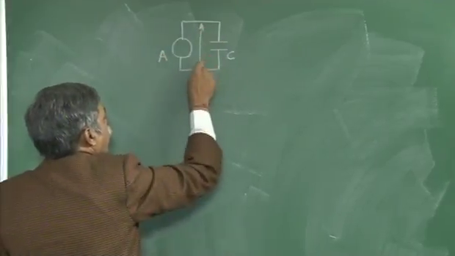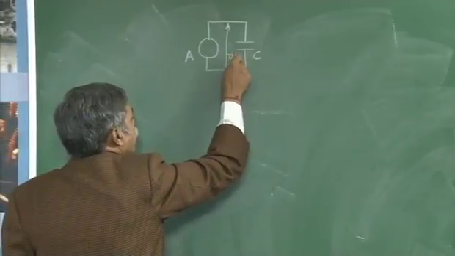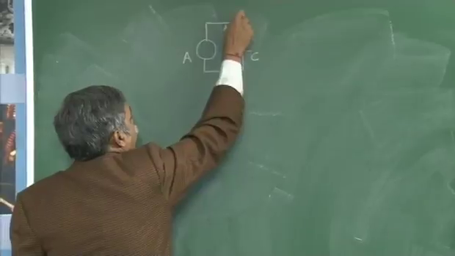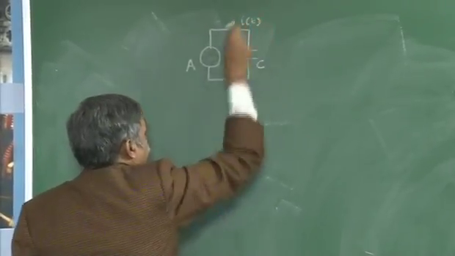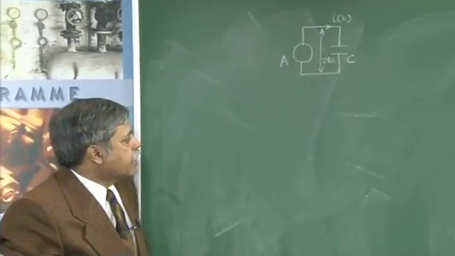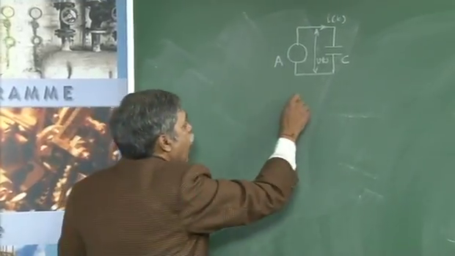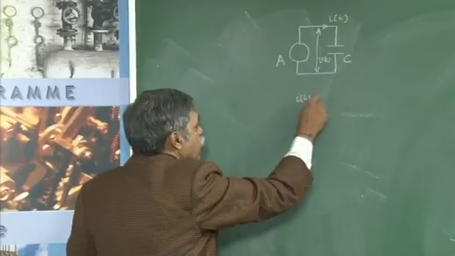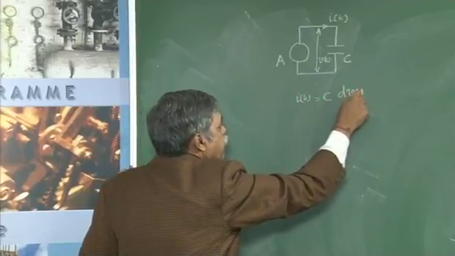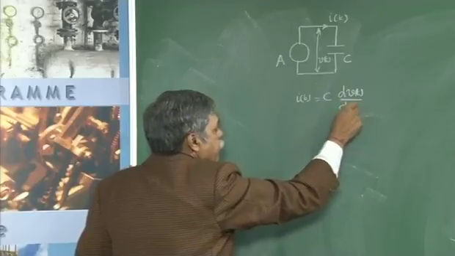We are applying a voltage of v of t to the capacitor. So there is a current of i of t in the capacitor. The relationship between voltage and current in the case of a capacitor is i of t is equal to C times the derivative of the voltage, dv of t by dt.